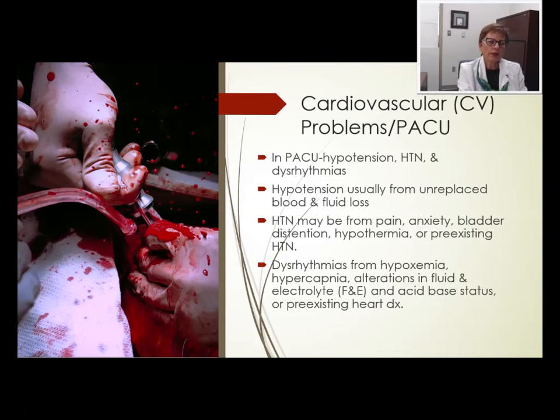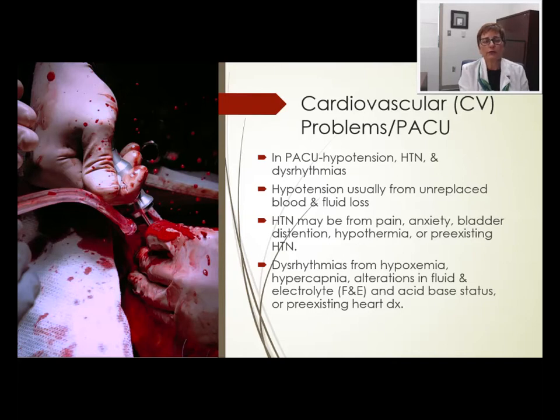There are cardiovascular problems that can occur. In PACU, you may see hypotension, we might see hypertension, and we might see dysrhythmias. So usually hypotension is from unreplaced blood and fluid loss. So someone might lose a couple liters of blood. If that's not replaced, they can get hypotensive.